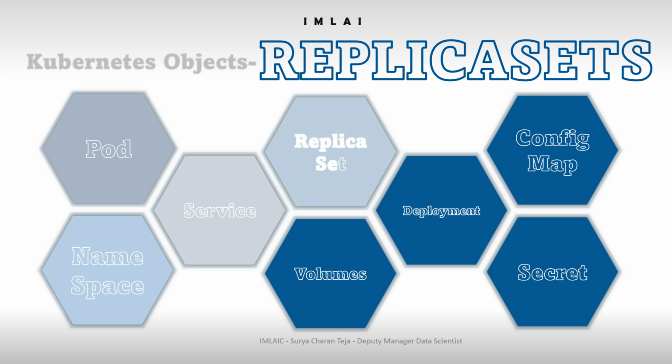So we have a pod running on a node and users are accessing it. The pod is running, let's say, some web application. And for some reason, the pod goes down. The users won't be able to access the service.